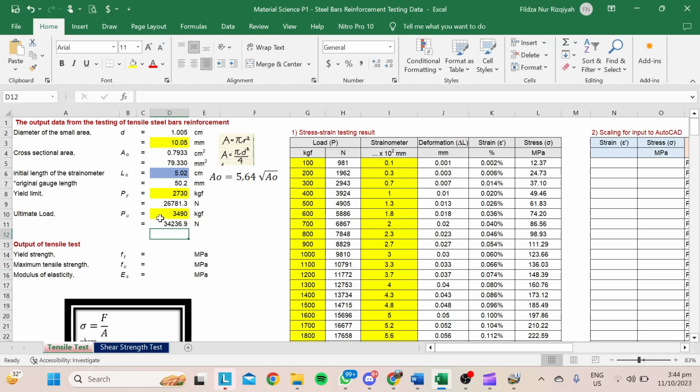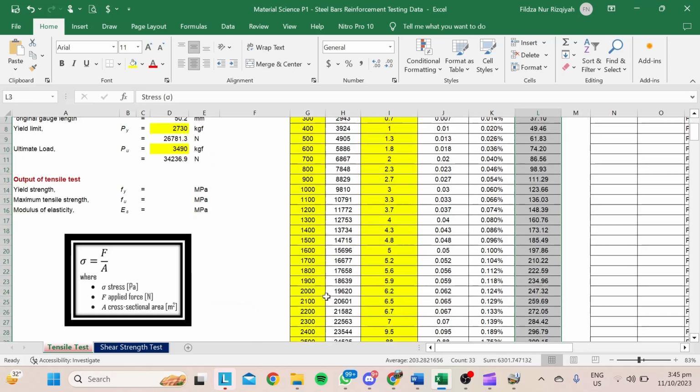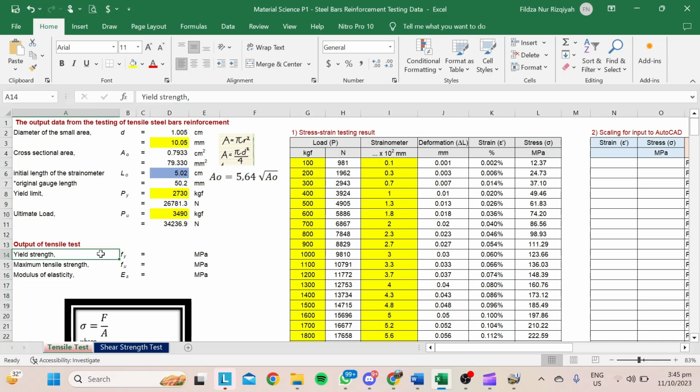The yield strength is the stress when the yield load occurs, and the tensile strength is the stress from this row when the ultimate load occurs. The yield strength is Fy, force yield, and maximum tensile strength is Fu, force ultimate.